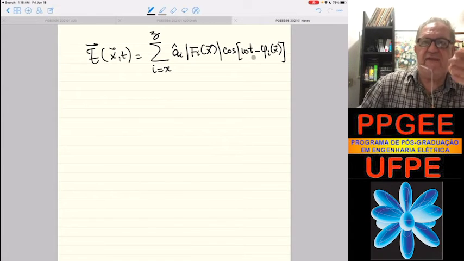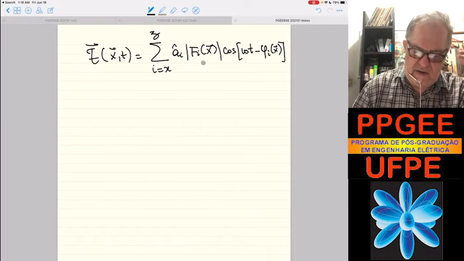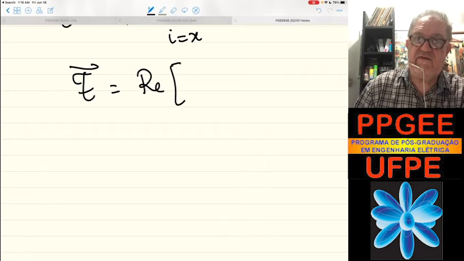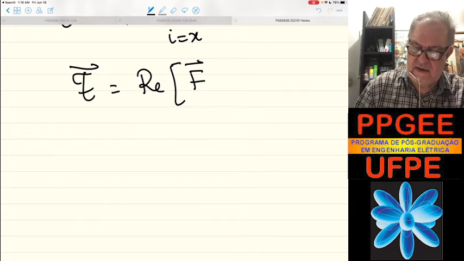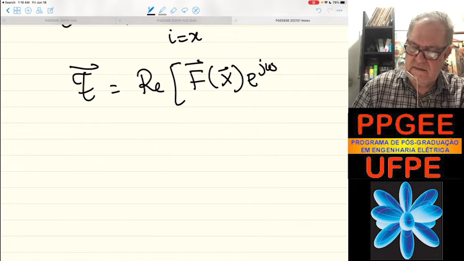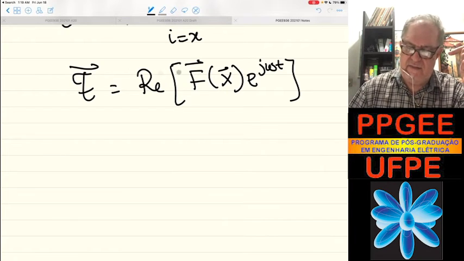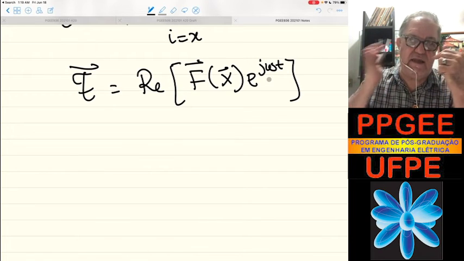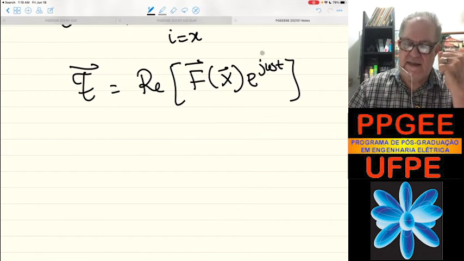So writing f like this, in other words, writing f as the real part of a complex vector that depends on the coordinates in this form, times the complex function exponential of j omega t, gives me the right harmonic field.